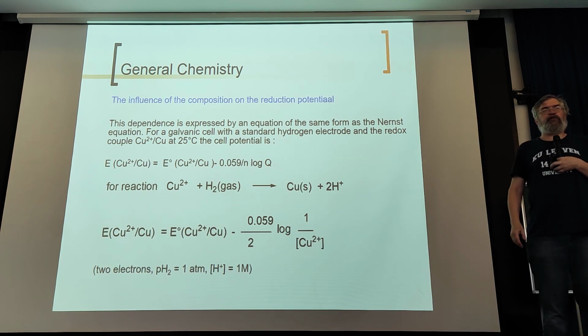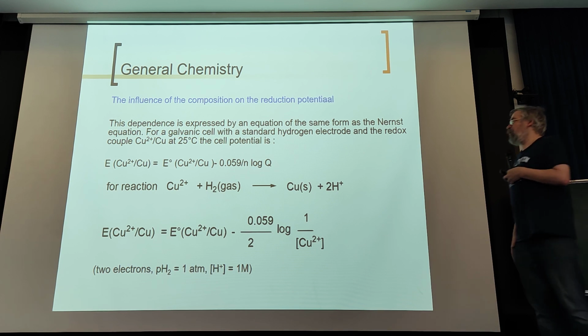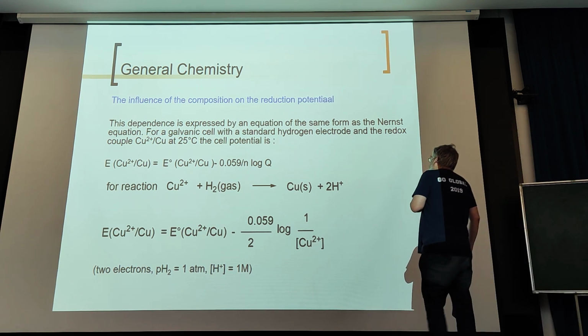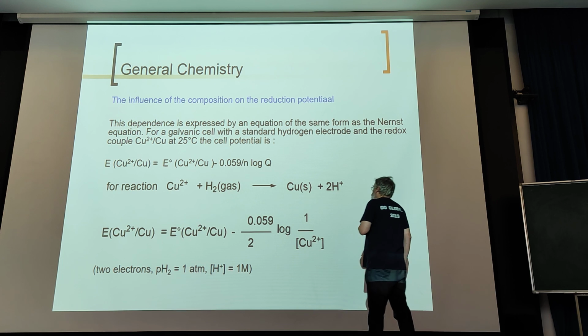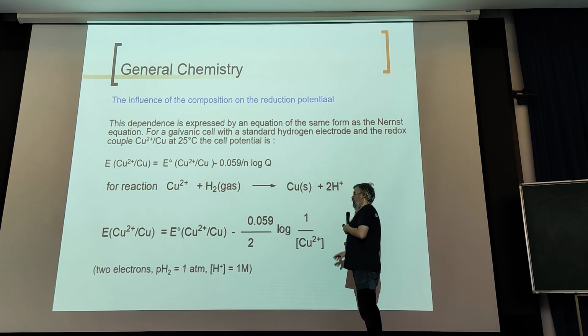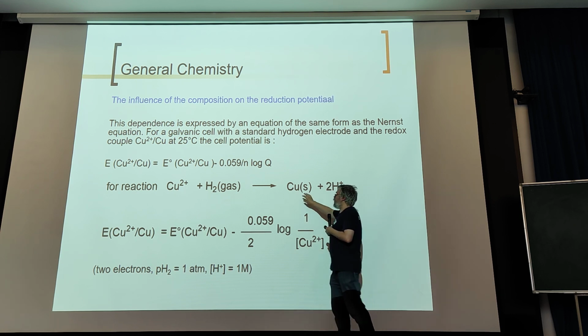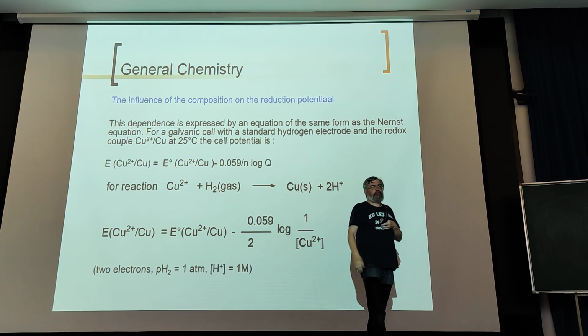This potential, by definition, the standard hydrogen electrode is 0. And in this logarithmic term, we only take the changeable concentrations, and these do not include copper because it's a solid.